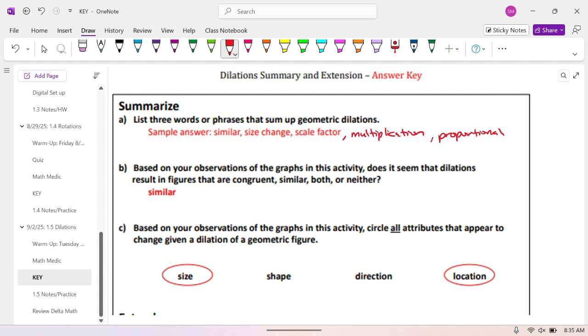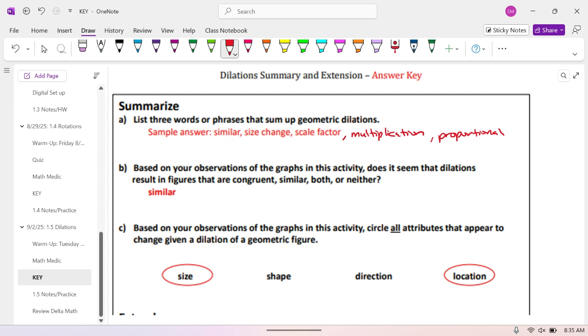So congruence, the word that coincides with it is equality, equal, whereas similarity, the word that coincides with it is proportional. Meaning both of them will contain the same shape, but only congruencies will have the same size of everything.